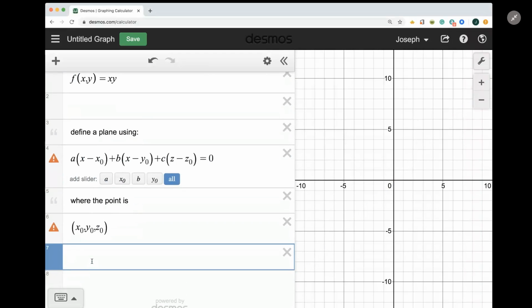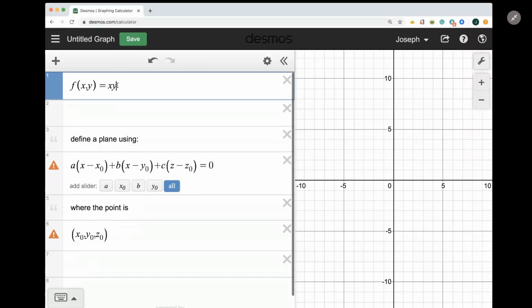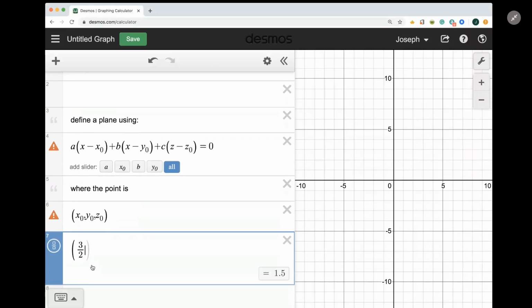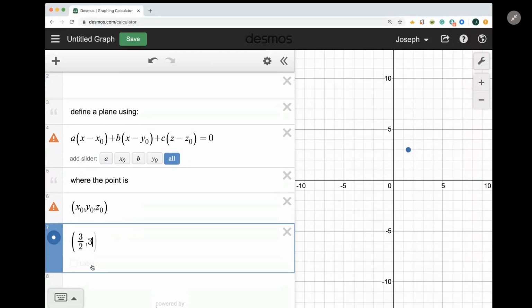And so we need to find something on this plane. Well, if we pick 2 values, you could pick any value for x and y and find z just by plugging x and y into this formula up here. I'm going to pick 1.5 for both of them. 1.5 is 3/2, so 1.5 for x, 1.5 for y.